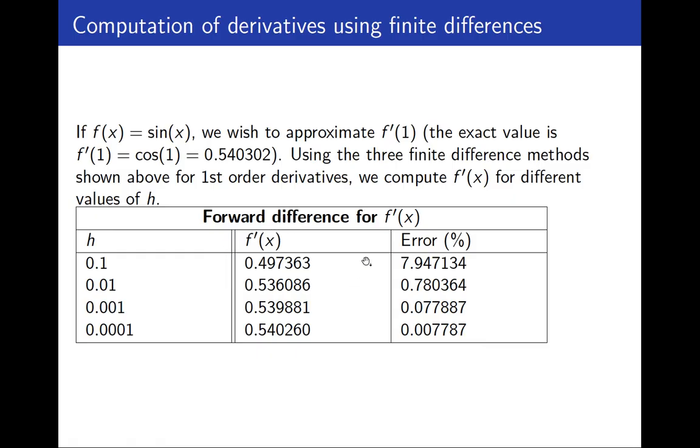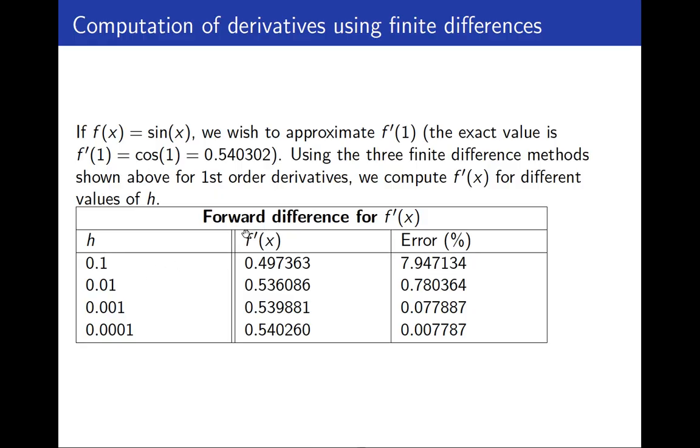For this table, I use the forward difference, and I compute the derivative of f for these different values of h. The error is calculated as the approximation minus the exact value of the derivative, divided by the exact value, multiplied by 100. So that's how I obtain the error.